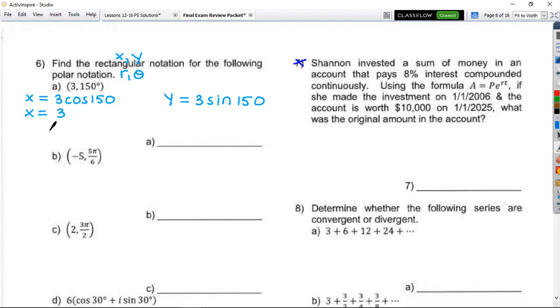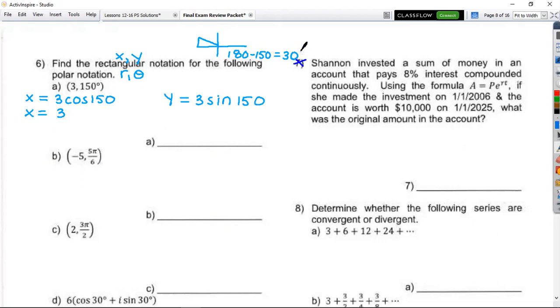Now 150 degrees is where? Quadrant 2. Yeah. Again, you've got all these angles that you're re-practicing. So I'm going to quickly do 180 minus 150, which is 30.